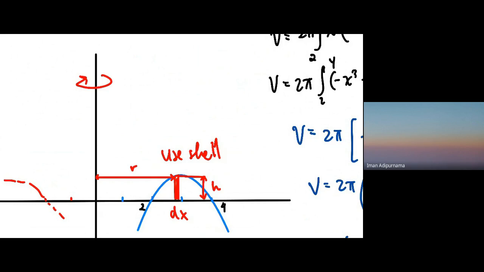The idea behind the shell is we need to identify which one is the radius and which one is the height. The radius here is just x, and the height will be the curve itself, since the other line is y equals 0, so we just write the curve.